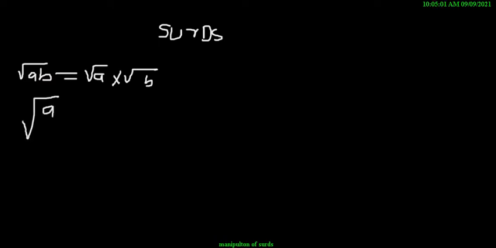So if you remember in high school, we talked about properties of surds, like square root of ab would be equal to square root of a times square root of b, or properties like square root of a over b is equal to square root of a over square root of b.